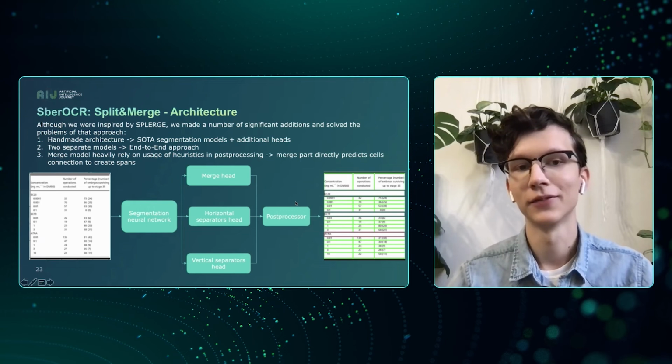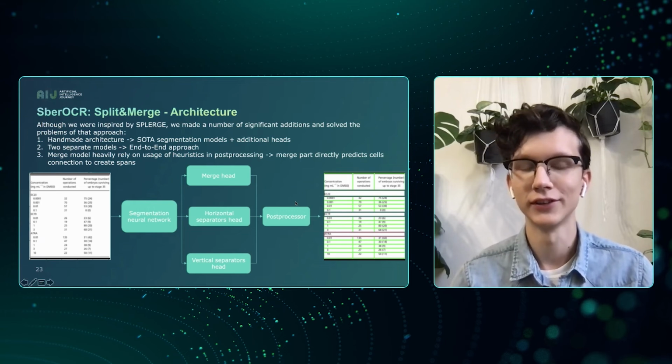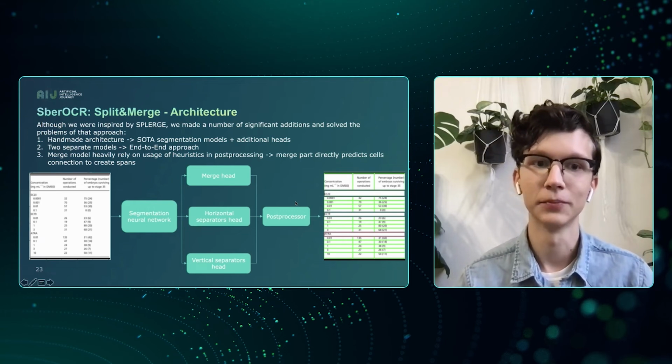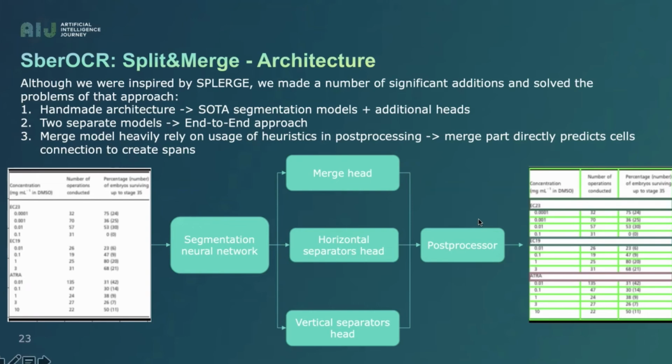Below is the high-level architecture of the network. The table is an input for the segmentation network. The output of the segmentation network is sent to three separate heads, which we'll review later. Their outputs are assembled in post-processing, resulting in a recognized table.